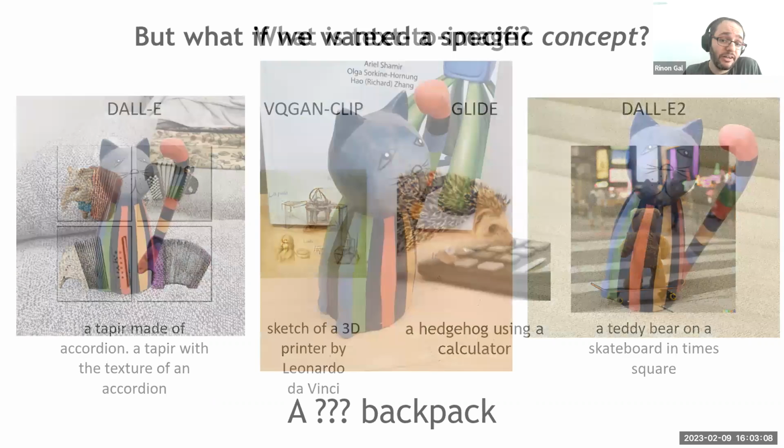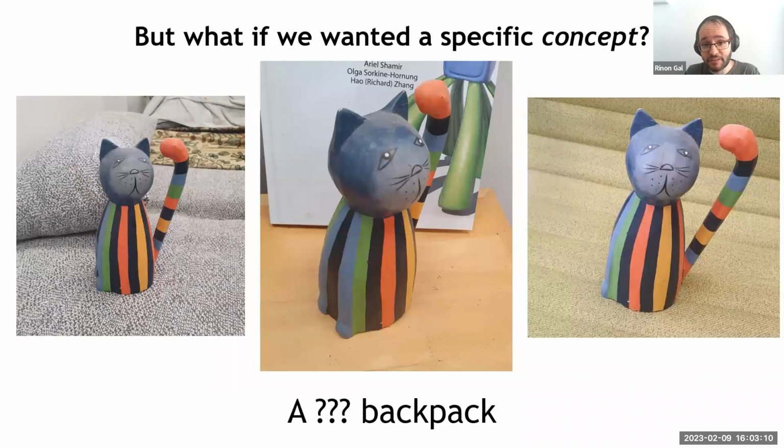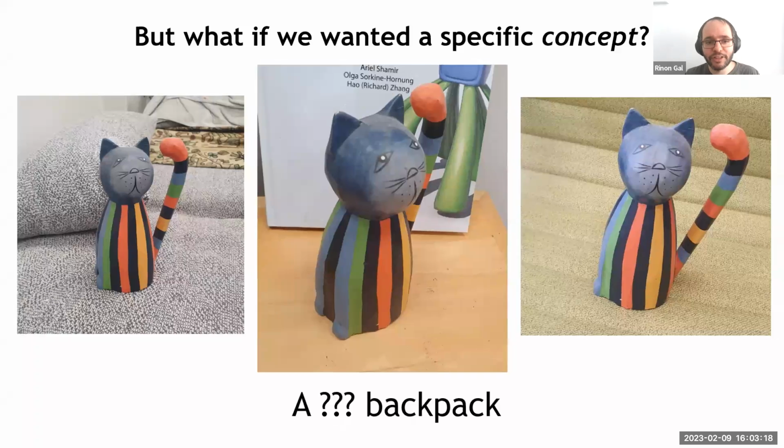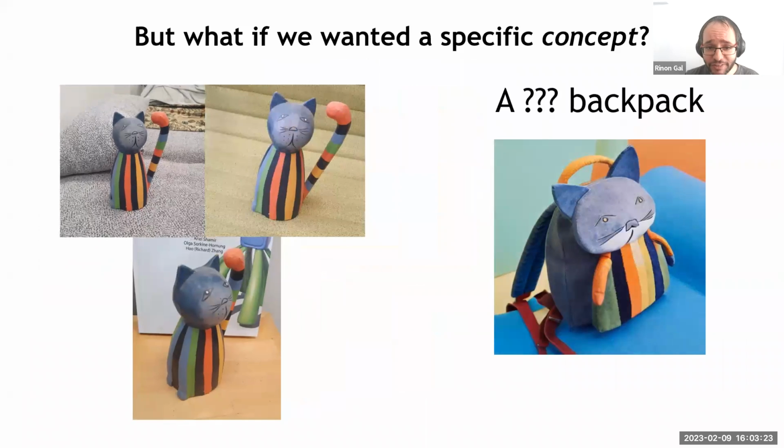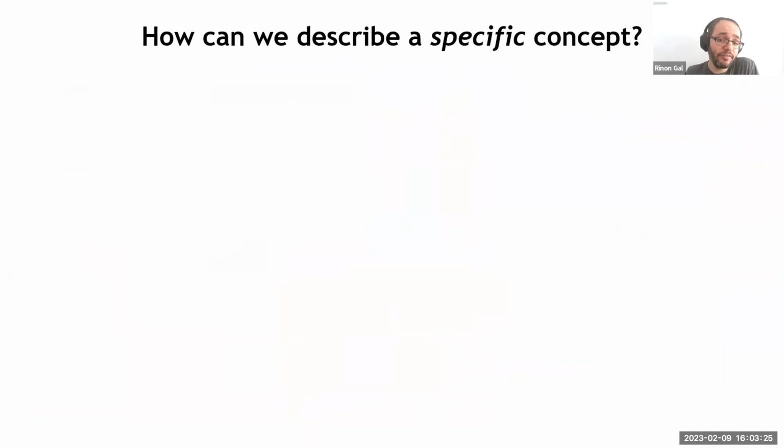Okay. So what if I wanted to take this cat here, for example, which I captured a few images of, and ask DALL-E to give me an image of it as a backpack and hopefully get something that looks like this?